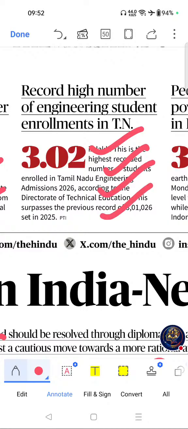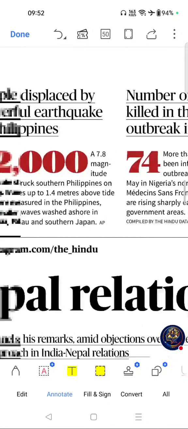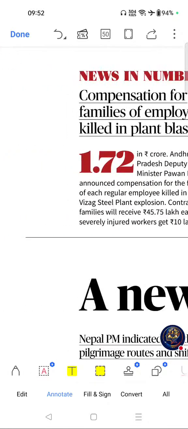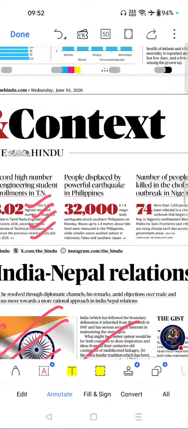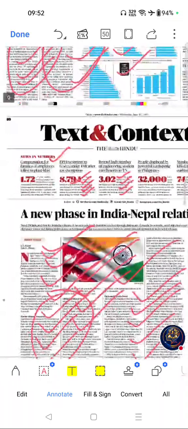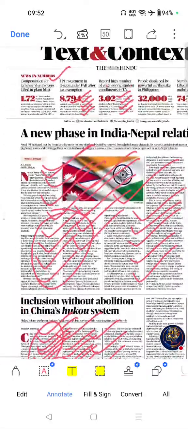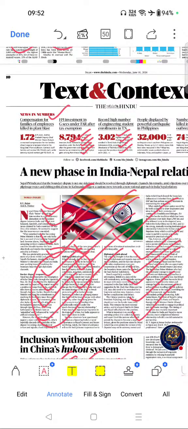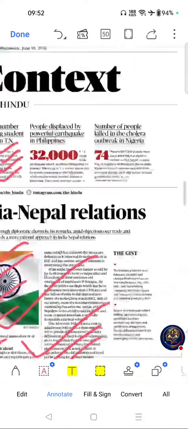Move on to the next data point was this one.